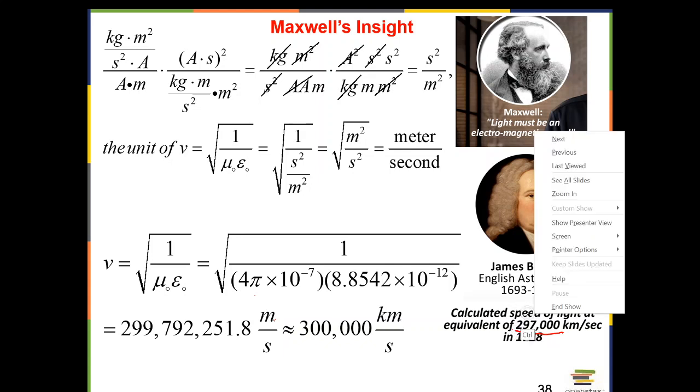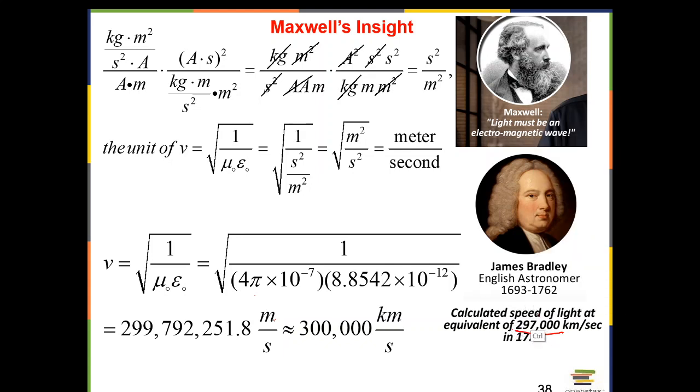But that was what Maxwell knew. So he said, okay, well, look, maybe what I'm working with is light. So he was the first person who came up with this idea that light, visible light, is nothing but a combination of two fields, magnetic and electric fields.